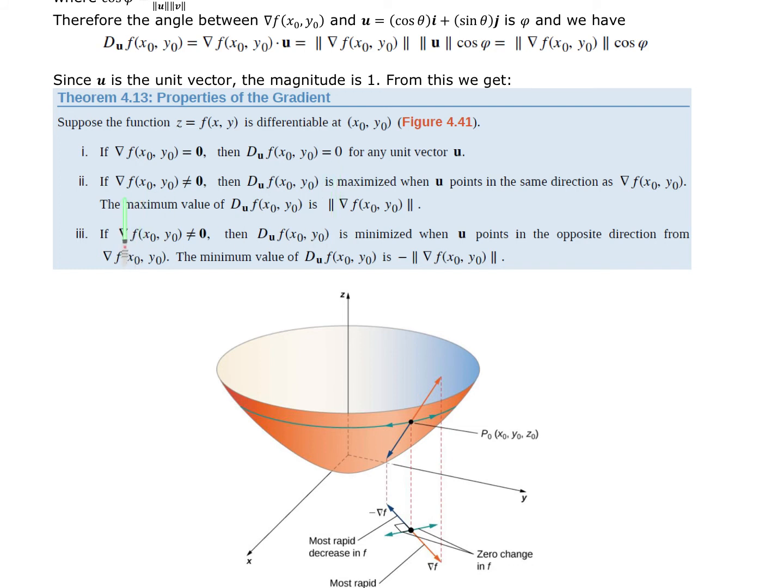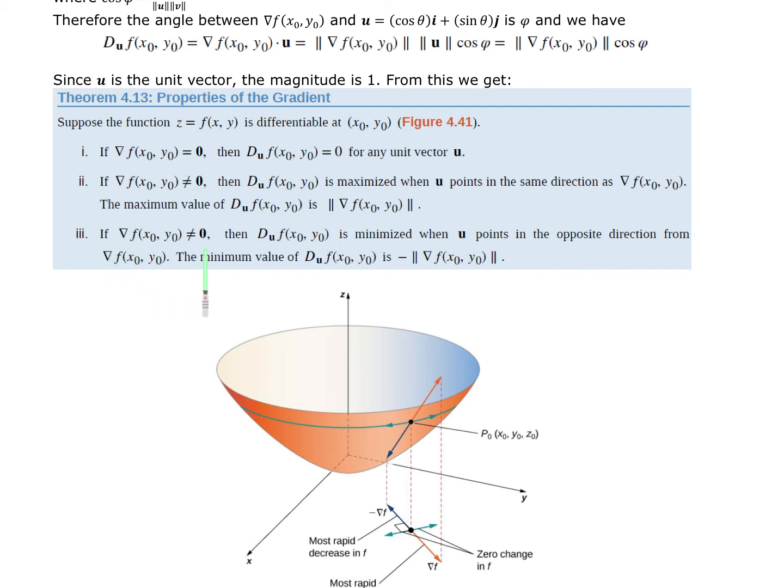If my gradient is not equal to 0, then the directional derivative is maximized when the vector u that I'm looking at points in the same direction as my gradient. And the maximum value of my directional derivative will be the magnitude of my gradient.